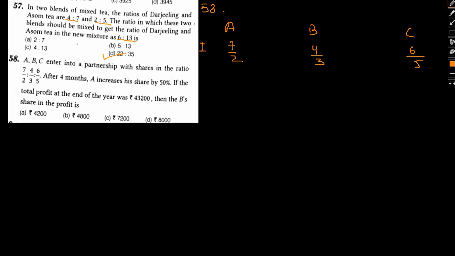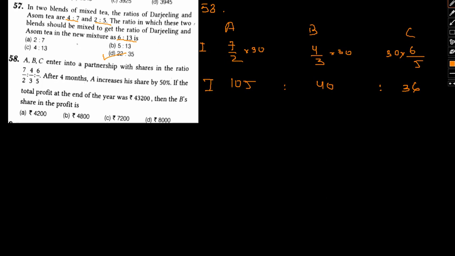Multiplying each by 30, we get 105 is to 40 is to 36. So their investments are in this ratio.